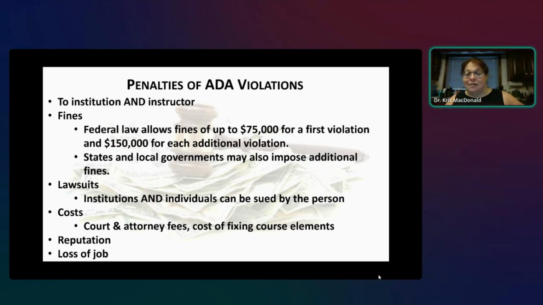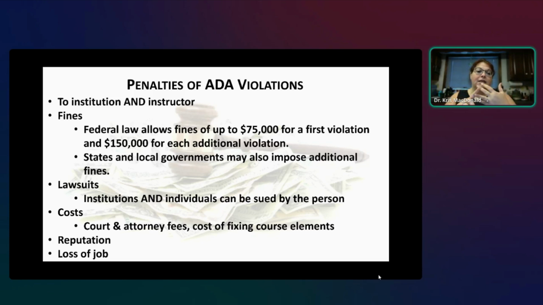In addition to federal sanctions, states and local can impose additional fines. I have worked in Pennsylvania and New York higher education systems. And so after federal comes in and does what they're going to do, New York, let's say, can also add in fines.